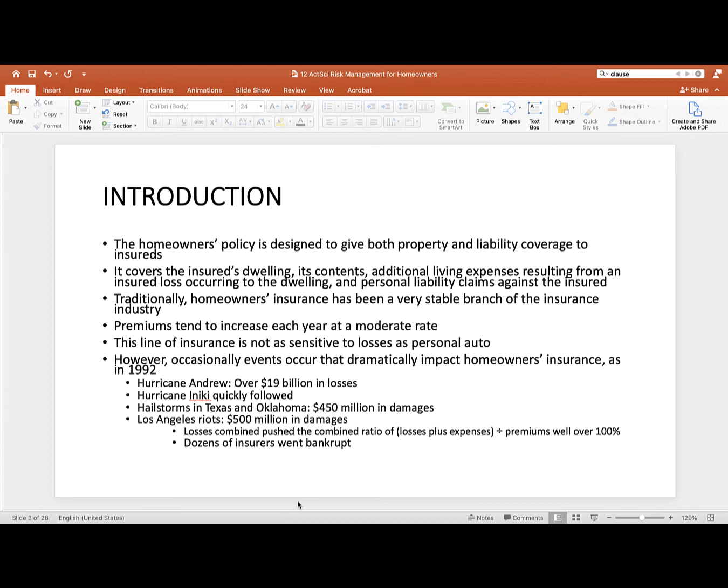So say, for example, you have a loss or two. You do not have to face watching your rates go up dramatically as you do with auto. So with homeowners, you may have a claim. They're not very large. Your rates probably stay relatively stable, but with auto, they're going to shoot up.